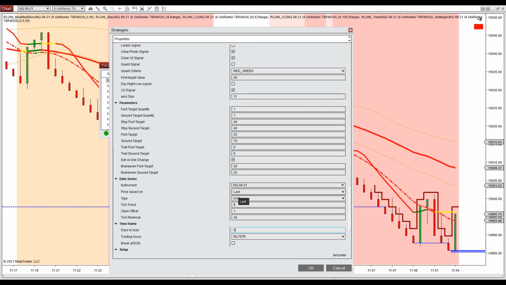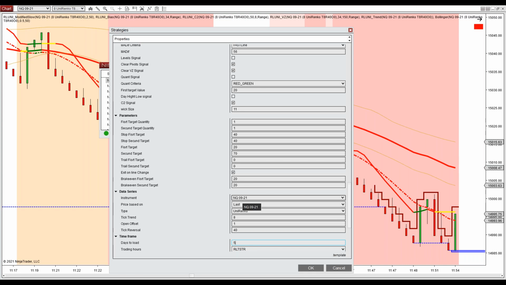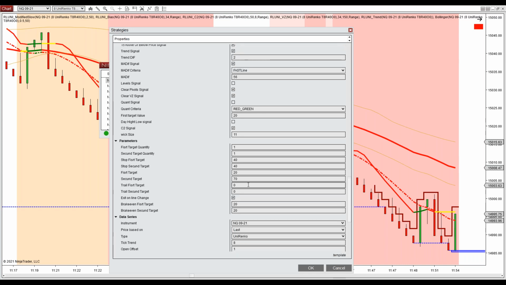Now, I still have to get that metric of it's programmed in, and here's where it is. You see the first target value 20. Now here's where it actually tells you where that first target is. Here's where it tells you how much space to give a pivot.